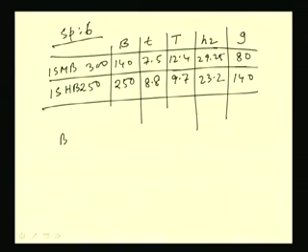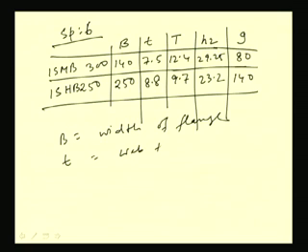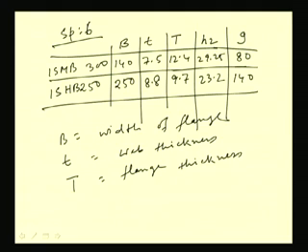Here basically B means width of flange, write down, and small t is the web thickness, and capital T we are considering as flange thickness. Right. So with all this data we have to now design the seat angle.